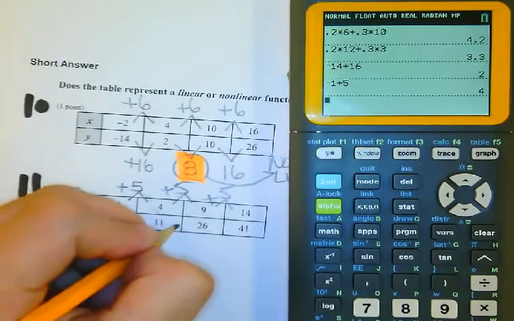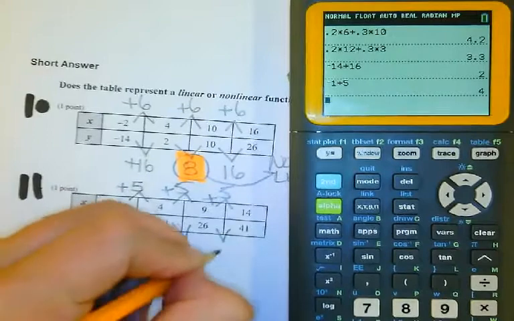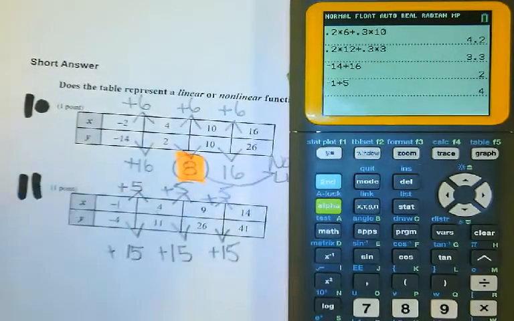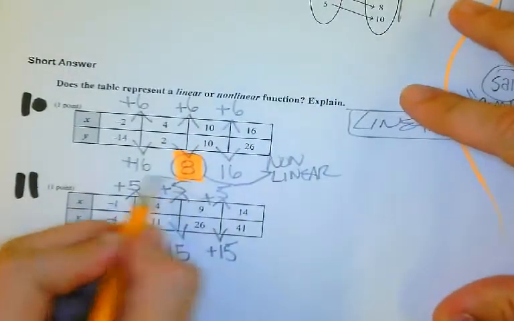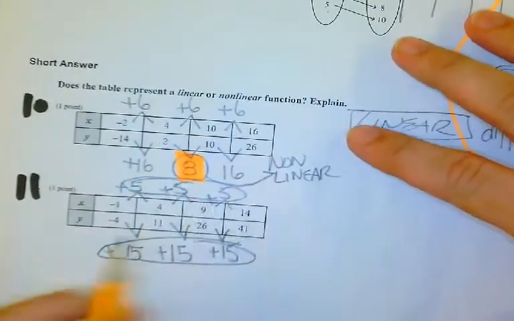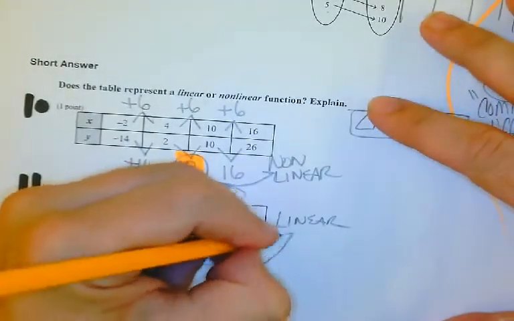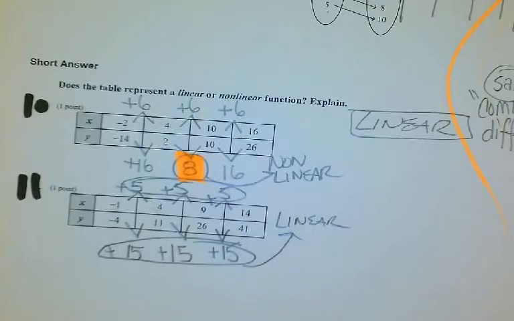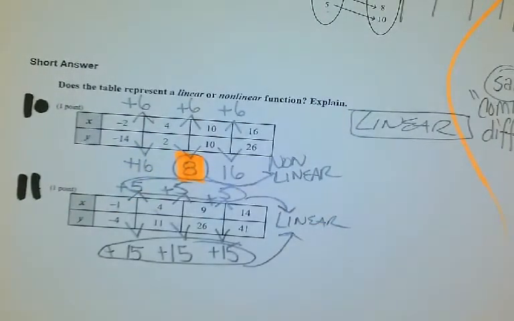From 11 to 26 and from 26 to 41. So these will all be 15. And now because these numbers are all the same, this is linear. Okay? And that's what we call finding the common difference.